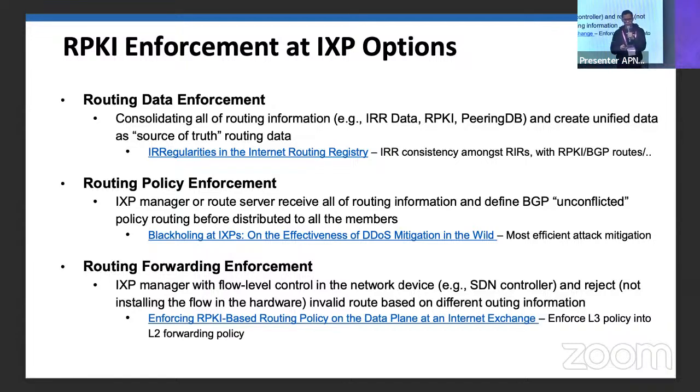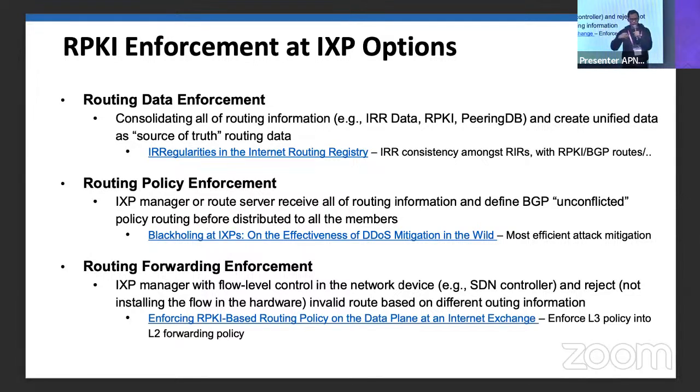And then the last one, the one that we want to discuss today, is that we want to do the enforcement at the level of the data plane, which is the forwarding level. Basically you can have a mechanism to pass the policy from the control plane.